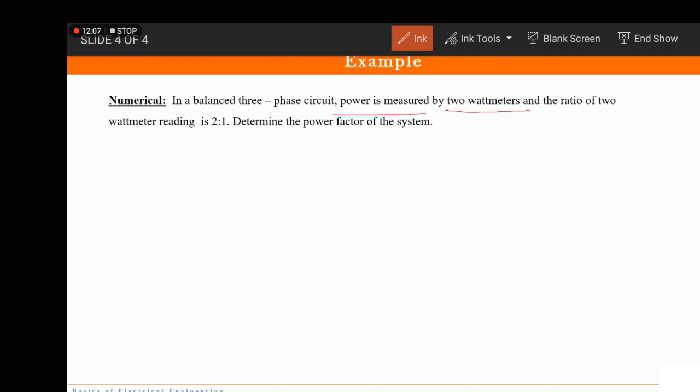Now what is the power factor? Power factor is cos phi. Correct? And then with 2 wattmeter method, phi is given by.